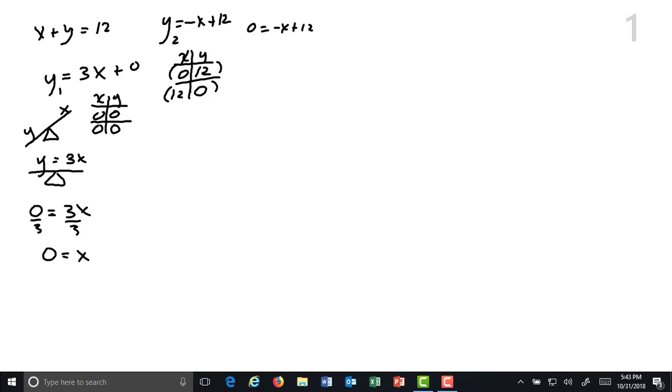That didn't help too much as far as getting another point. But we could pick one. Suppose x equals 1. If x equals 1, y is not 1. It's 3. So that should be sufficient to graph.